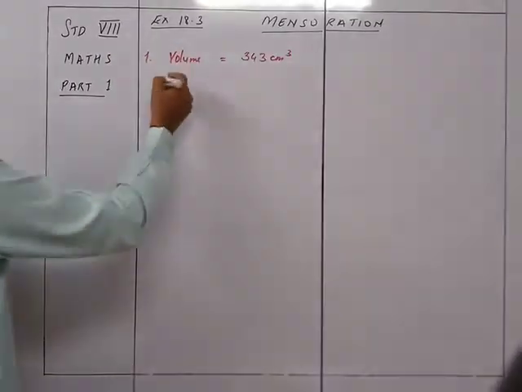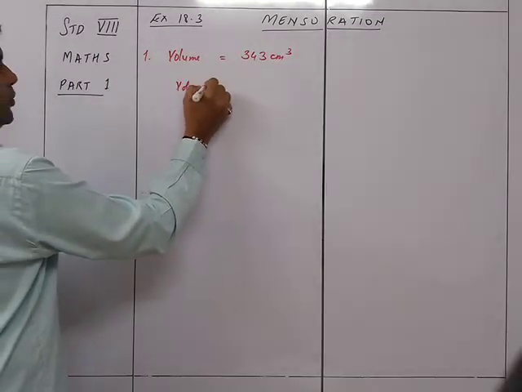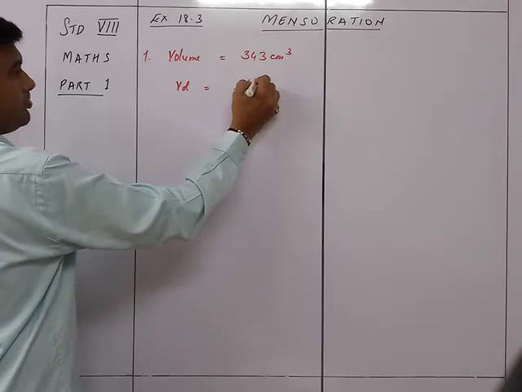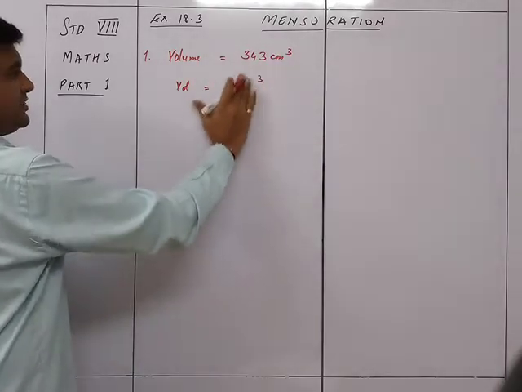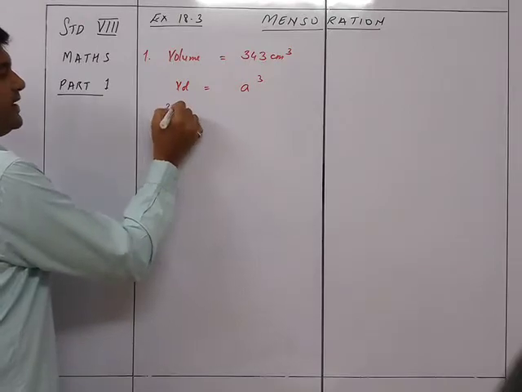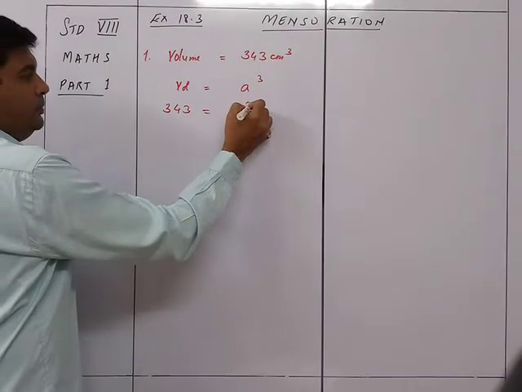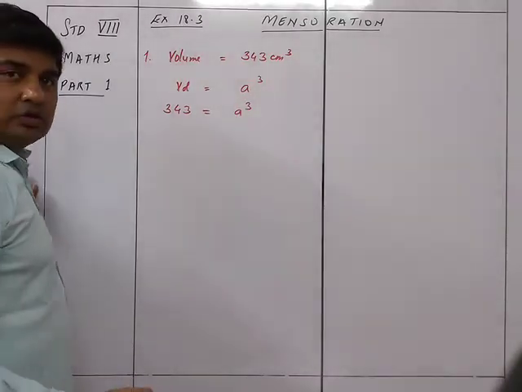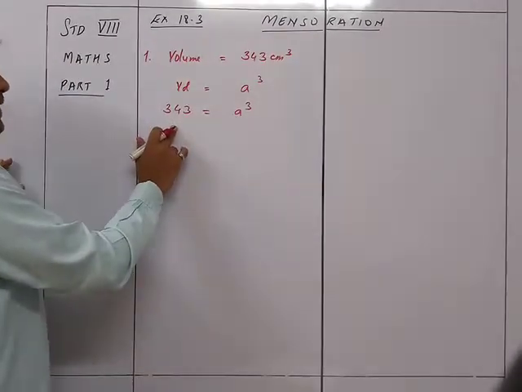We know the formula for volume. The volume of a cube is equal to side cube, or better just write a cube. So 343 is equal to a cube. We are going to do the prime factorization of this.